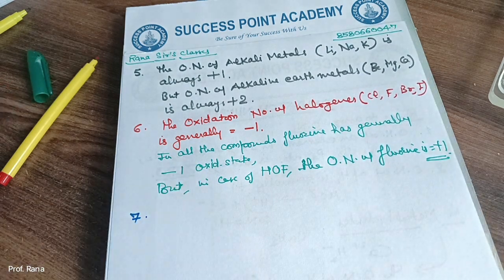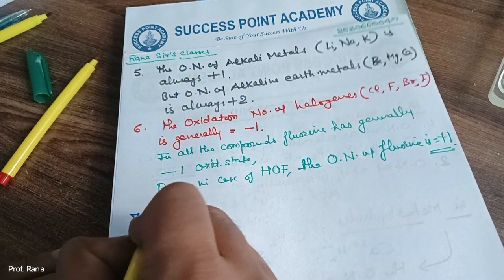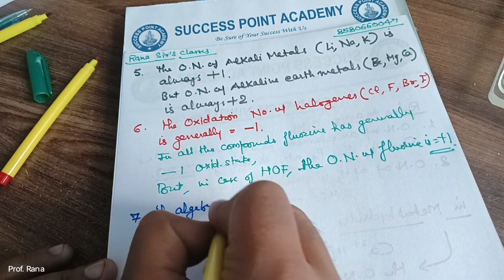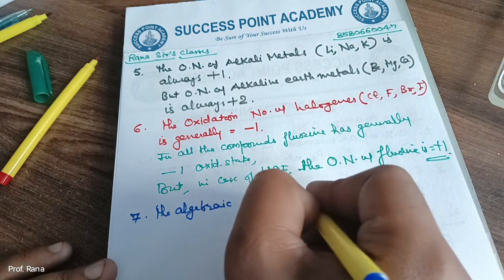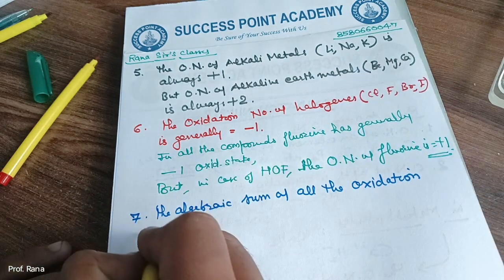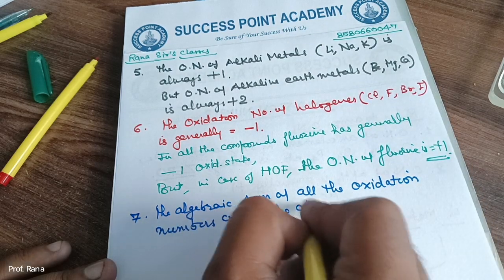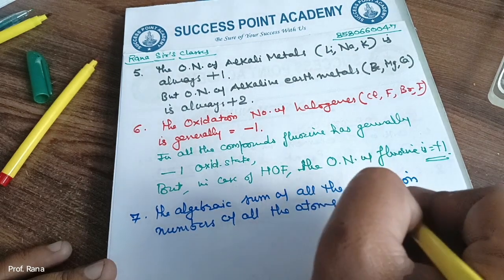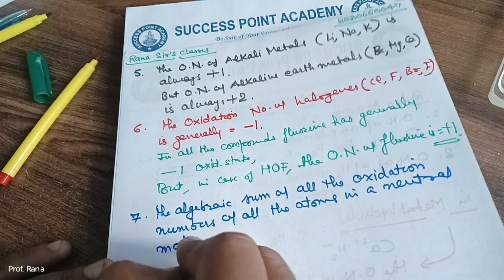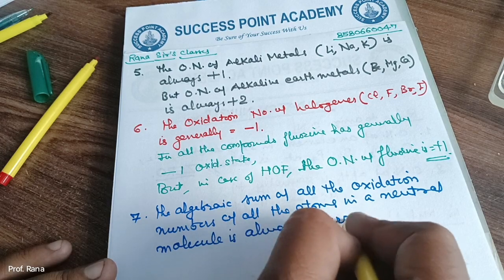The 7th rule is the algebraic sum of all the oxidation numbers of all the atoms in a neutral molecule is always 0.